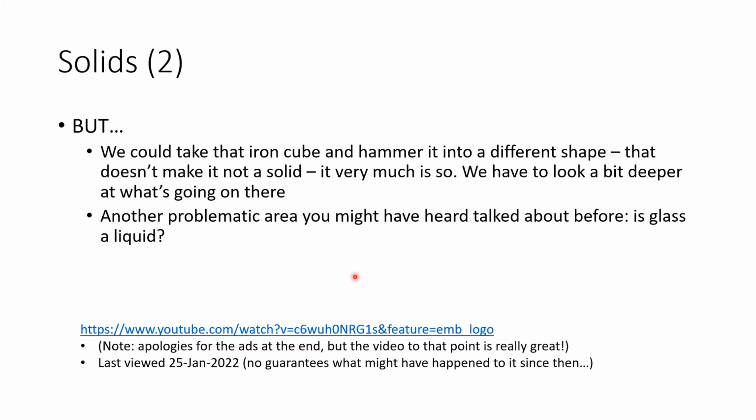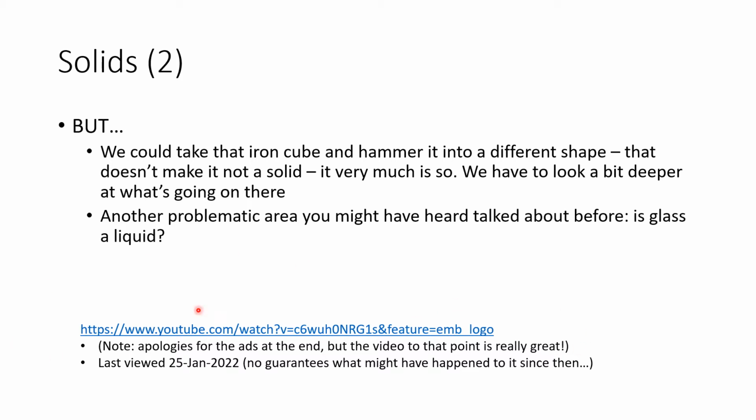But it gets more complicated than that, because I could take a hammer and I could hammer that iron, even though it's a solid, into a new shape. I can actually force it to change shape. It resists a change, but not perfectly so. You may have heard of this talked about in the context of, is glass a liquid or not?